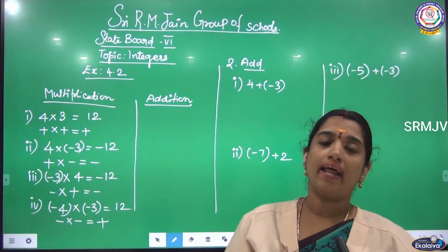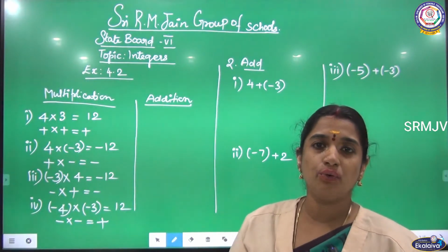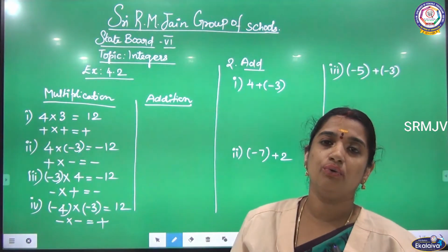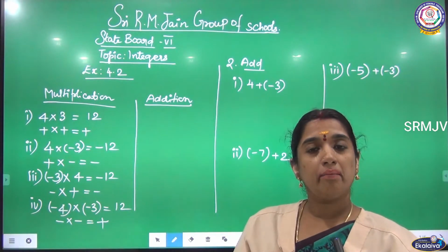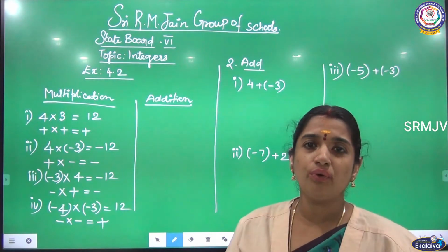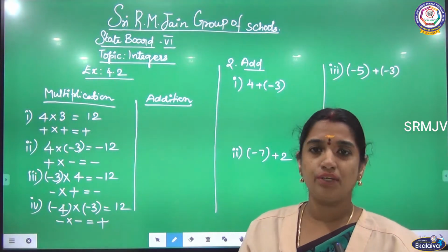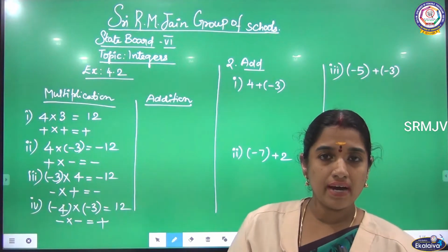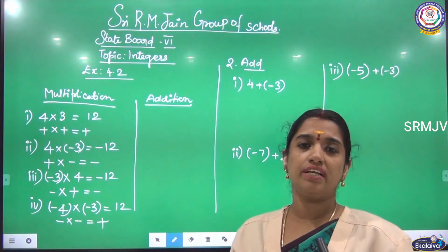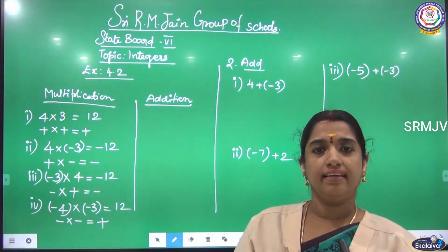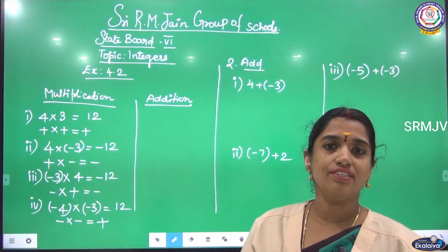So, what can you understand from this? When I multiply two positive integers, I can get a positive integer. When I multiply two negative integers, I can get a positive integer. And if I multiply one positive integer and one negative integer, I can get a negative integer. Is it clear, children?